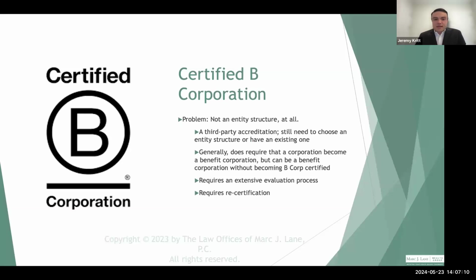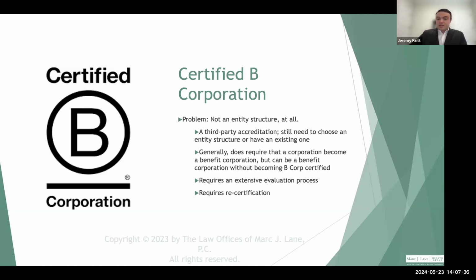Now, the last thing I want to distinguish the benefit corporation from is the certified B corporation. I'm sure many of you are familiar with the certified B Corp, but you see the problem with the certified B Corp from the perspective of what entity structure you're going to use is it's not an entity structure at all. It's a third-party accreditation.